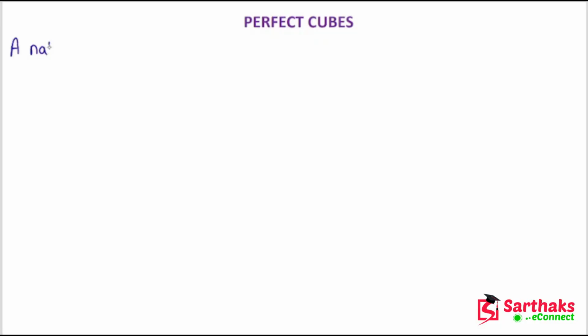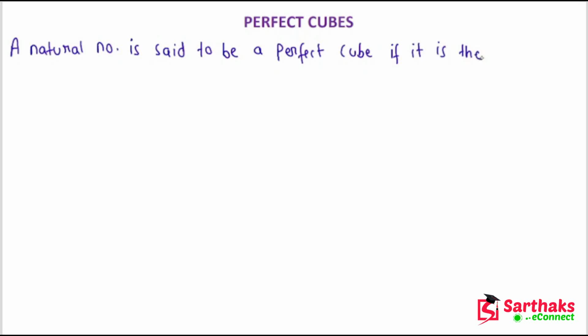a natural number is said to be a perfect cube if it is the cube of some natural number, right?